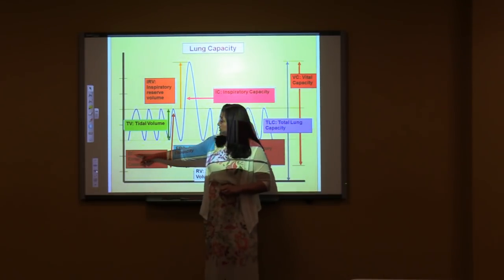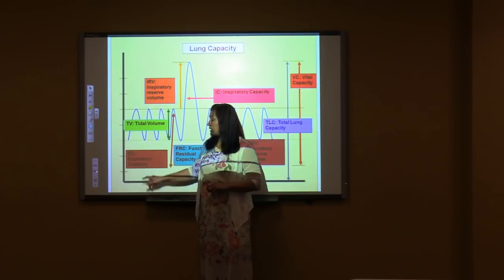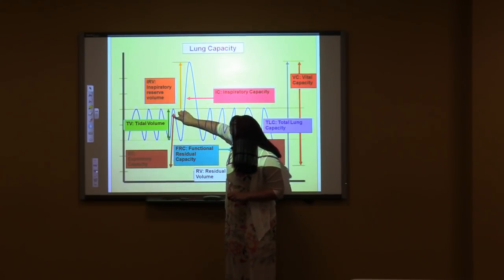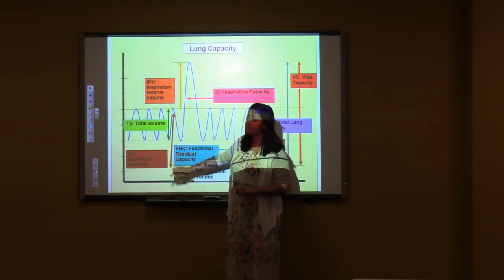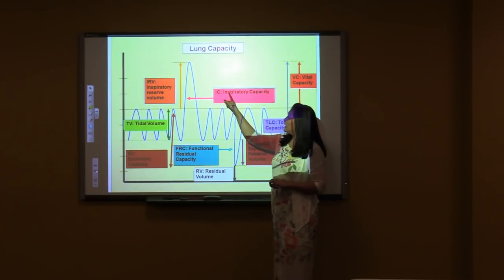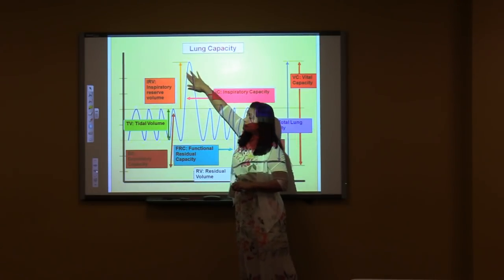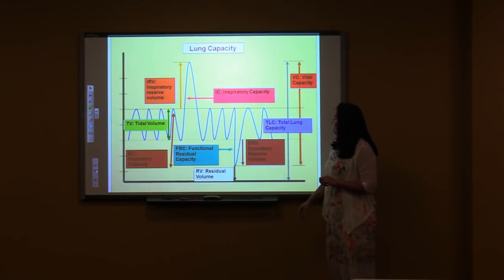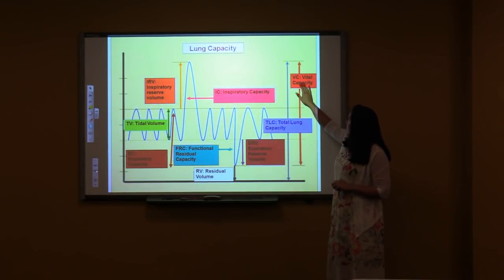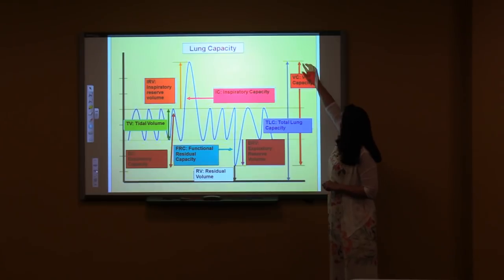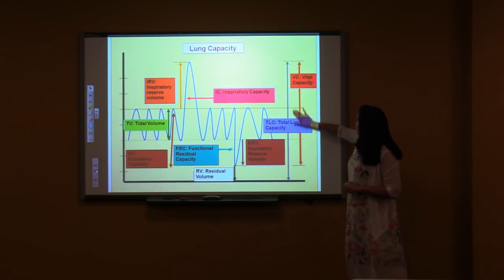Let's look at EC, which is expiratory capacity. It is this area right here. Let's look at IC, inspiratory capacity. It's this right here. Let's look at VC, vital capacity, which is all of this right here.